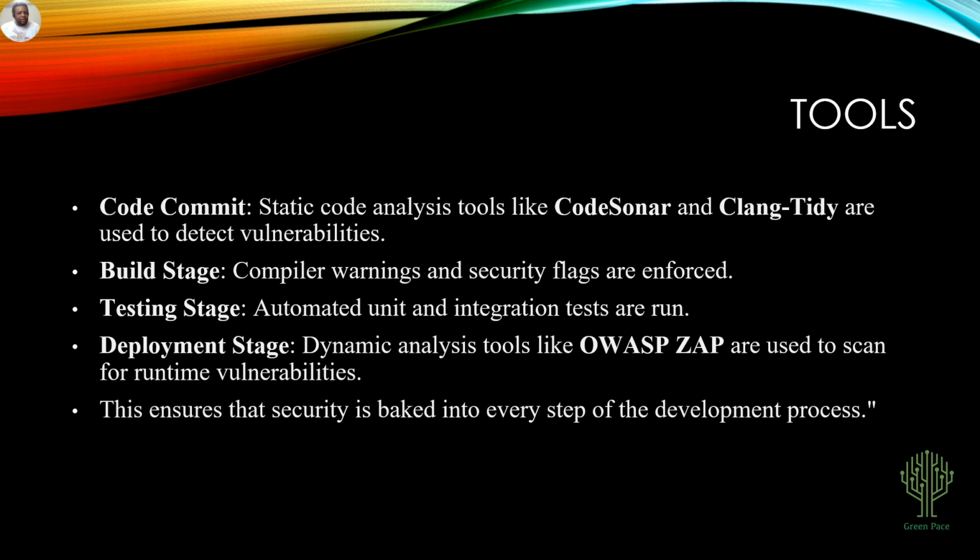Build Stage, to show compiler warnings and security flags are enforced. Testing Stage, to show that automated units and integration tests are run. And the Deployment Stage, to show that dynamic analysis tools like OWASP ZAP are used to scan for runtime vulnerabilities. This ensures that security is baked into every step of the development process.